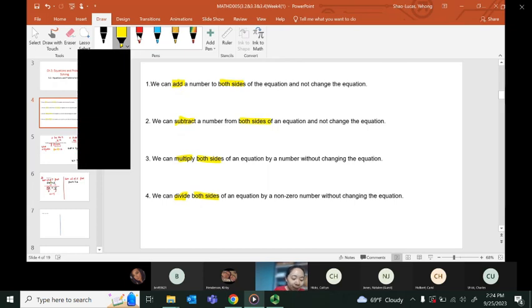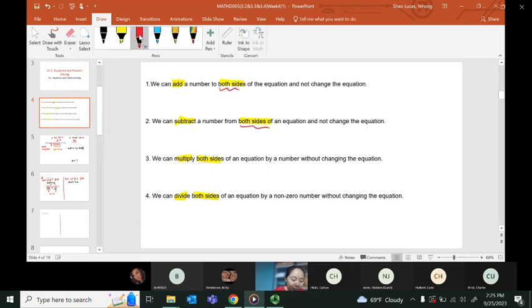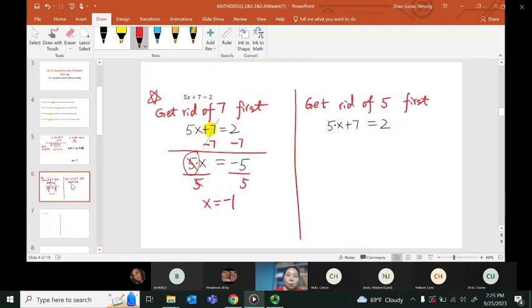So I always say both sides, both sides, both sides, right? In order to get rid of 5, we need to divide both sides by 5. And when we say both sides, we mean the entire side. The entire left-hand side needs to be divided by 5. We're dividing also the right-hand side by 5.